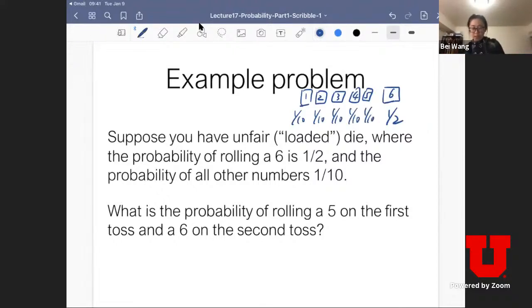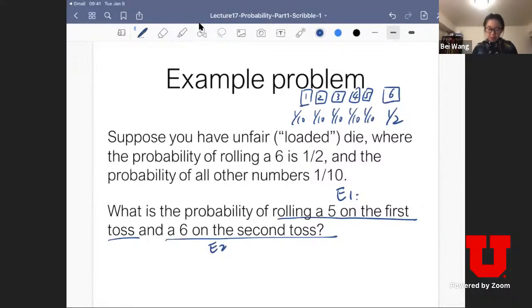So the question is, what is the probability of rolling a 5 on the first toss and a 6 on the second toss? Event 1 is rolling a 5 on the first toss, and event 2 is rolling a 6 on the second toss.